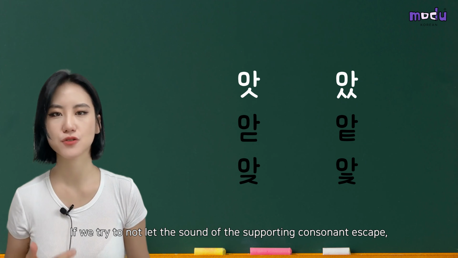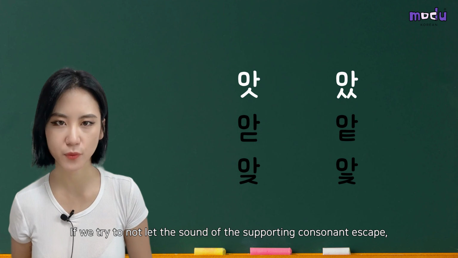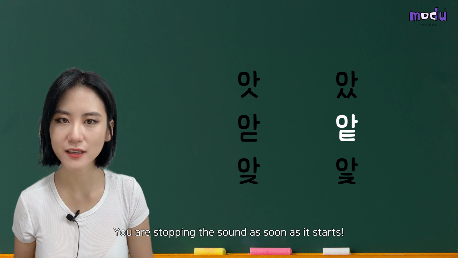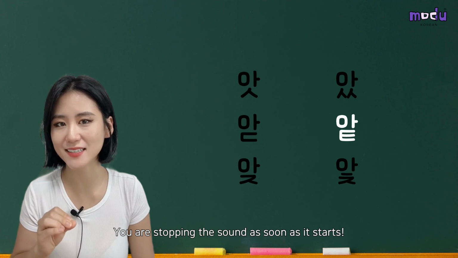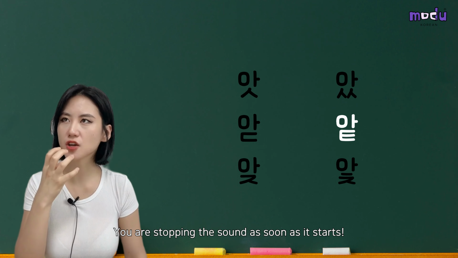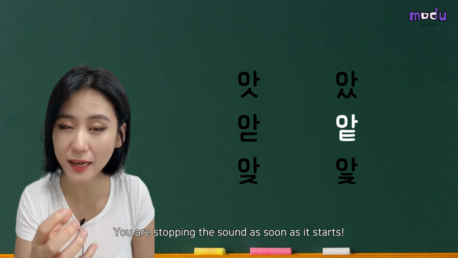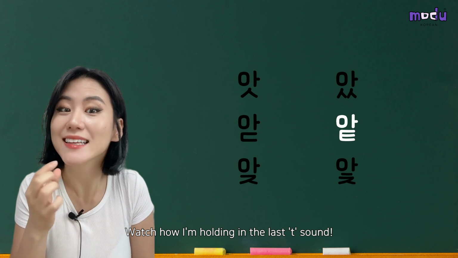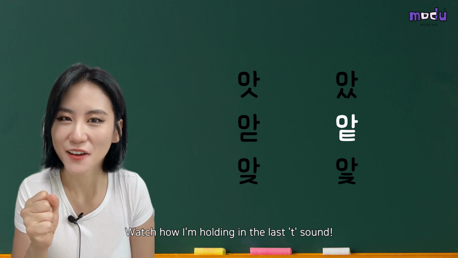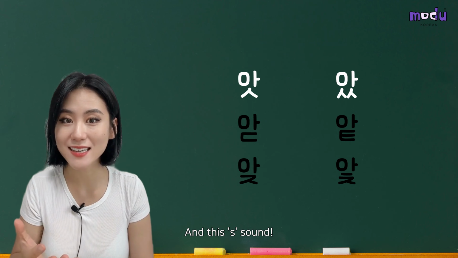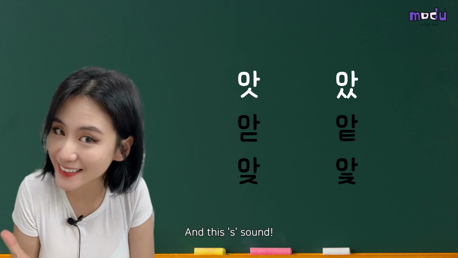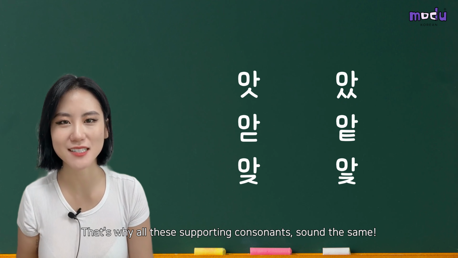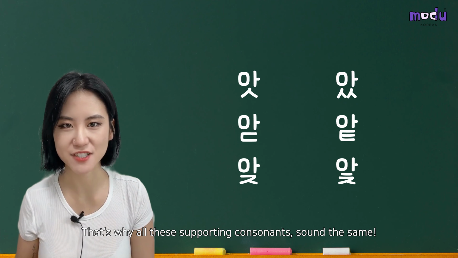If we try to not let the sound escape, we're not going us, at, right? Because we don't let that sound escape and you are stopping yourself as soon as that sound is about to escape. So instead of going at, you're going at, or us, at. That is why all of these supporting consonants sound exactly the same as each other.